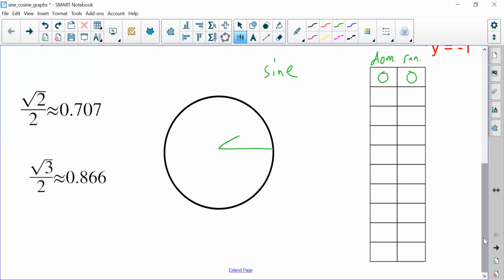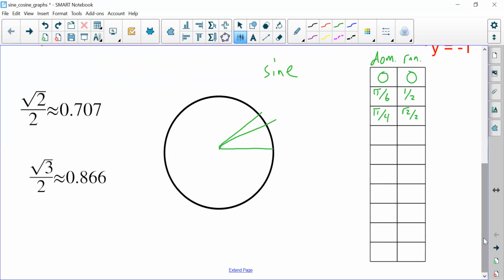If I rotate up just a little bit to pi over 6, I'm just doing special angles, then the range value is a half because the sine of pi over 6 is a half. If I go to the next special angle, pi over 4, the range value is rad 2 over 2. So these are all ordered pairs that I'm going to graph.